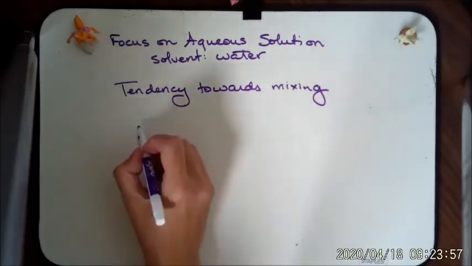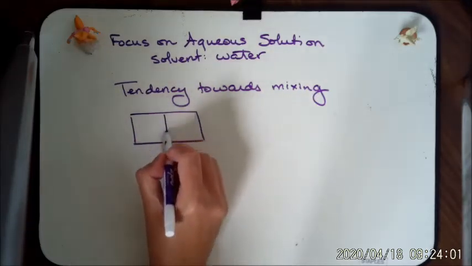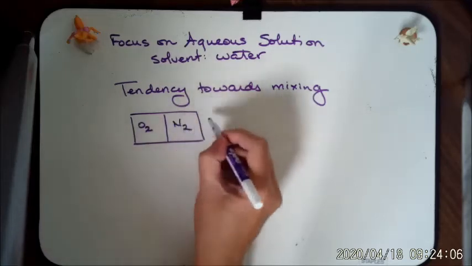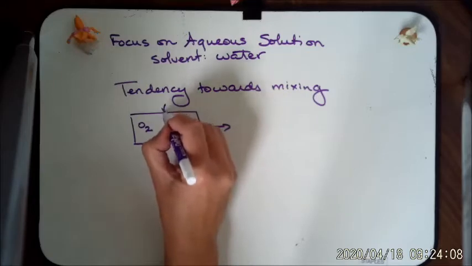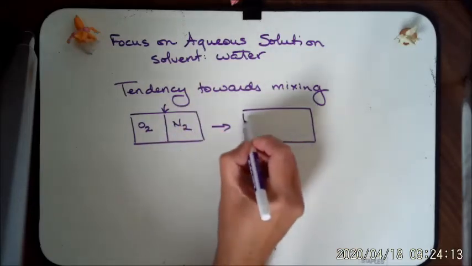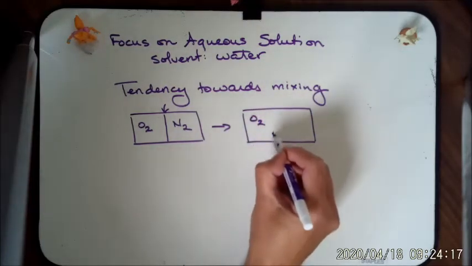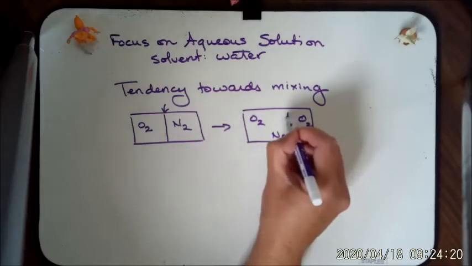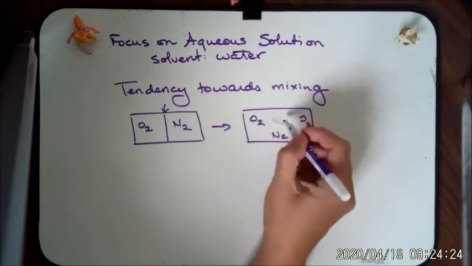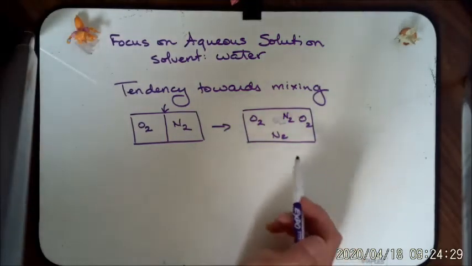Okay, and if you have a chamber that has oxygen here and nitrogen there, and then we remove the wall, the oxygen doesn't just stay here, but my oxygen gets distributed throughout the whole container.